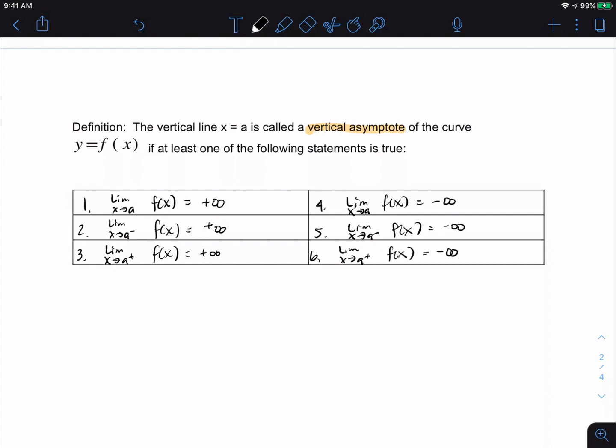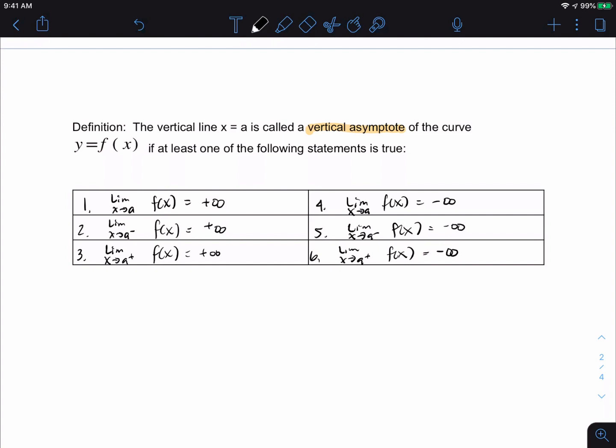So what it's telling us here is if we have a limit that ends up equaling either positive or negative infinity, the number that it's approaching is where we have our vertical asymptote. Okay? So in this example, the number is a. So wherever a is would be the vertical asymptote. Okay?